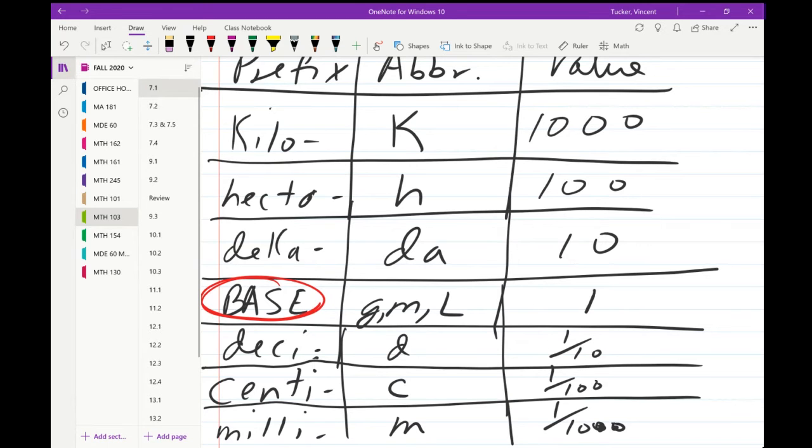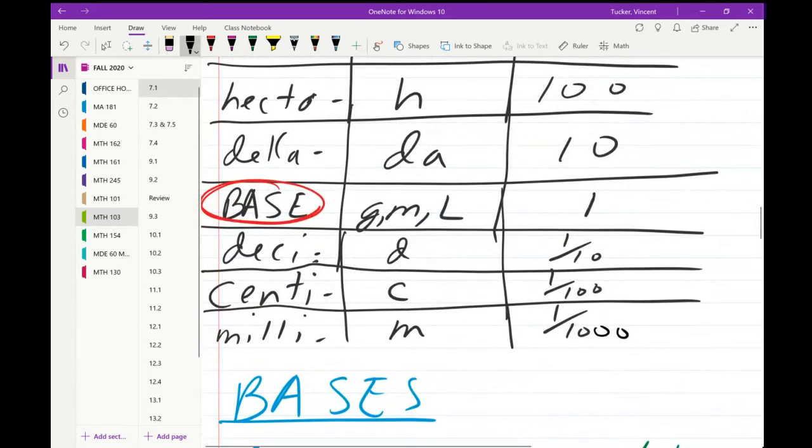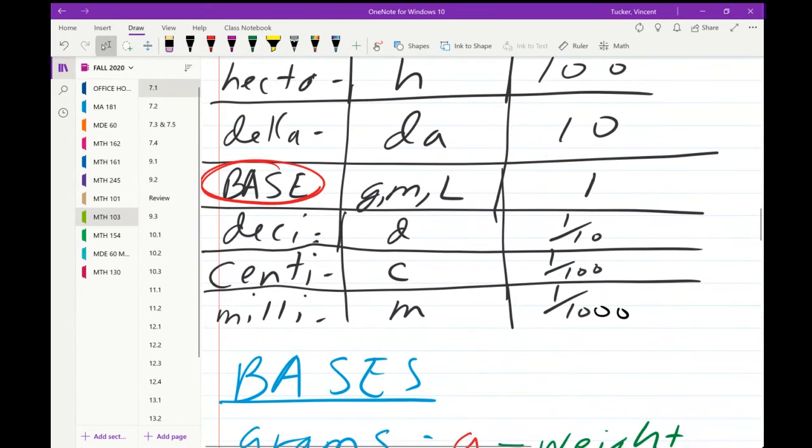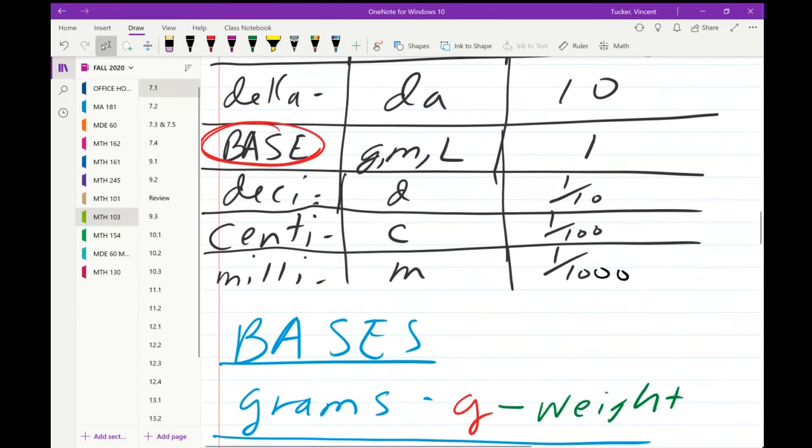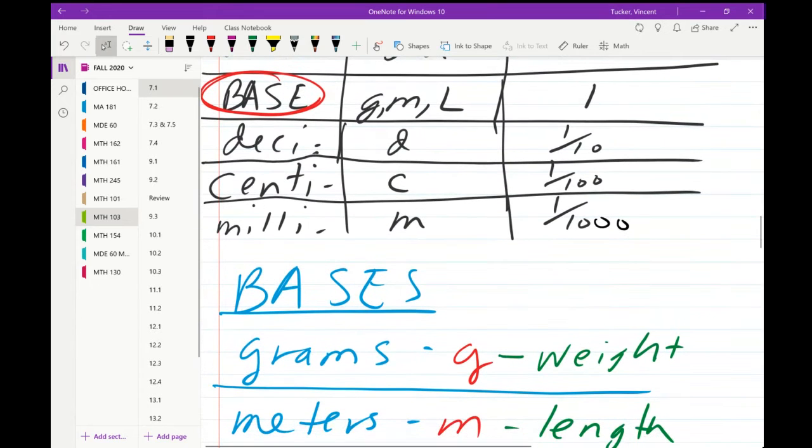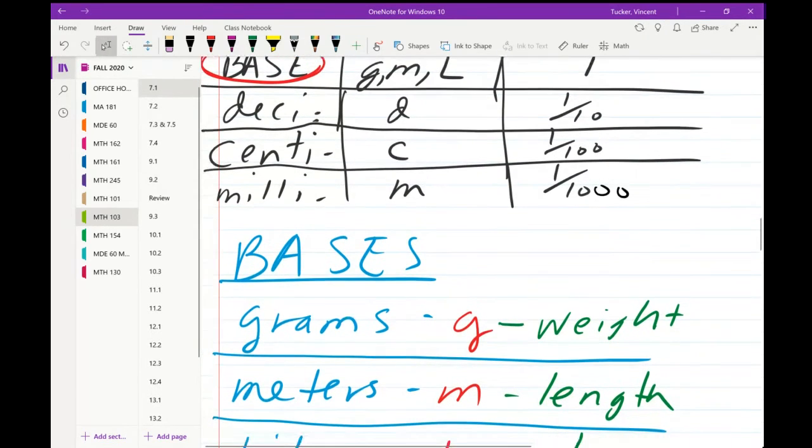But then deci for D, centi for C, and milli, M. All right. Everybody good? Don't want to leave the chart if anybody's still copying.